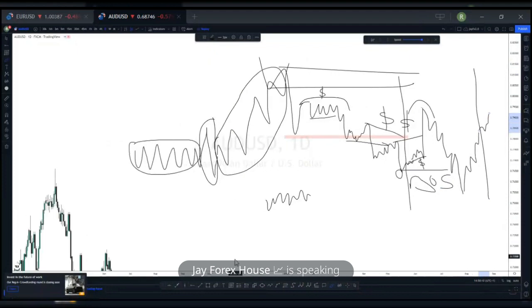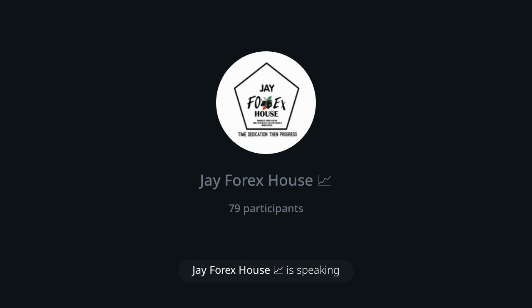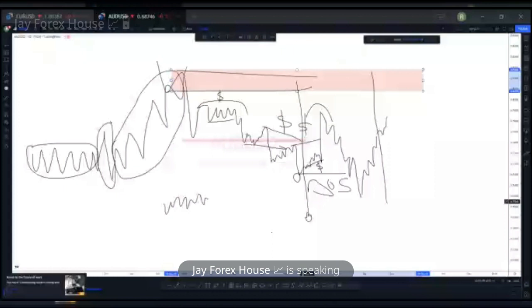That's only because they had a POI, an area of focus, above the London section. Once you understand the sections, this becomes a POI, and then price manipulates this high like this. I won't mark this as a break of structure.